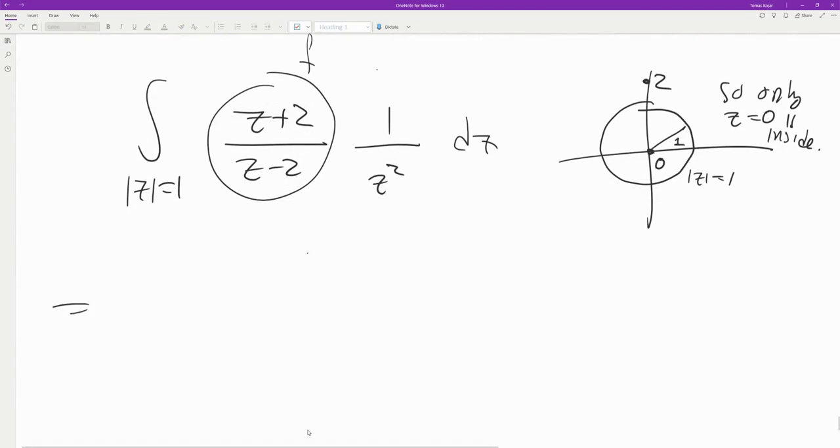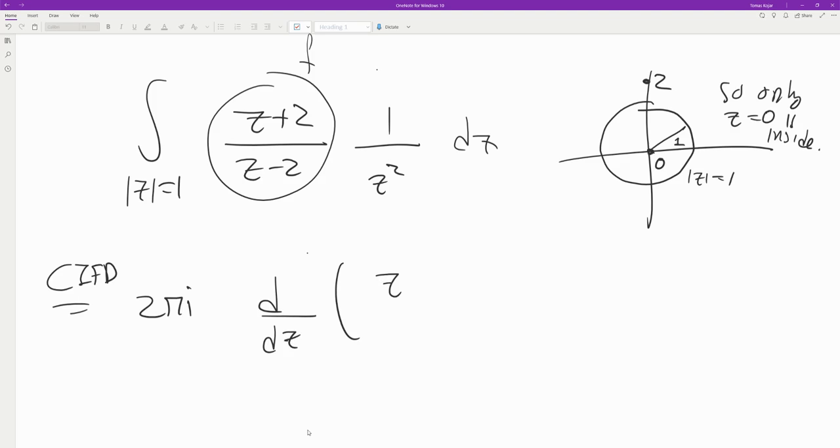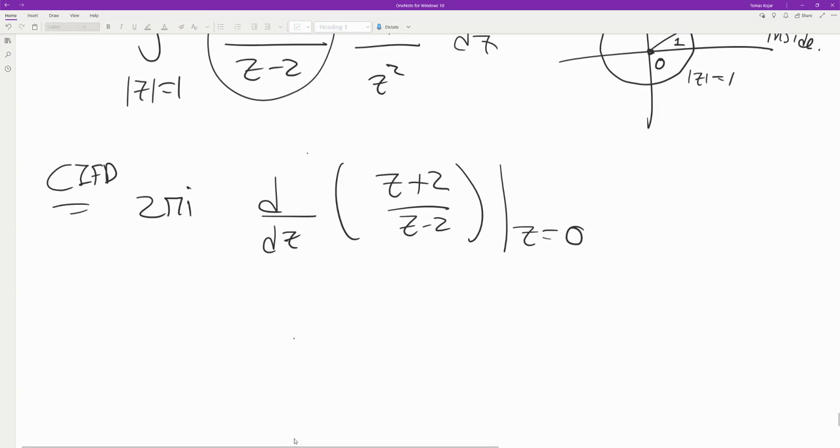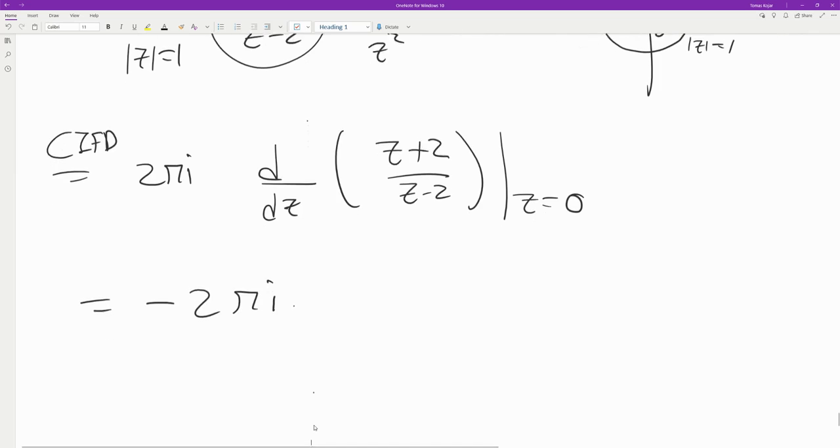And we use the formula for derivative, evaluated at 0. So a long story short, this is minus 2 pi i. Okay, so that's the answer.